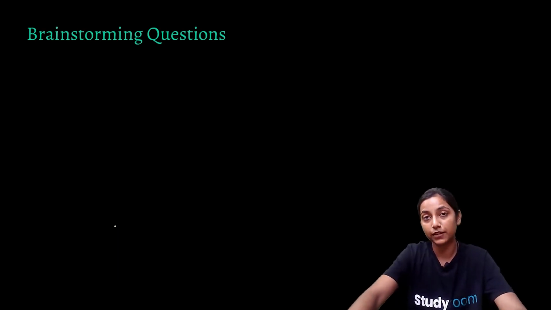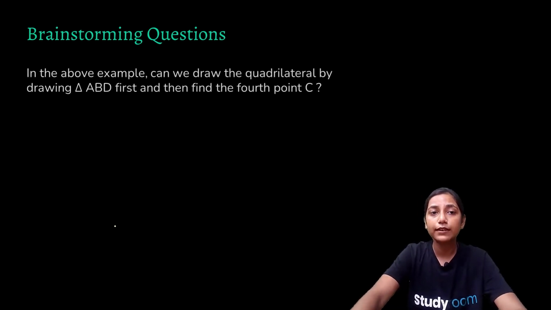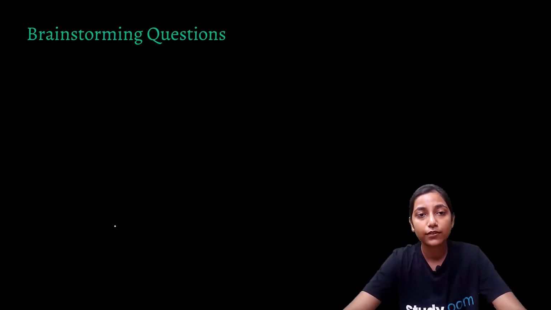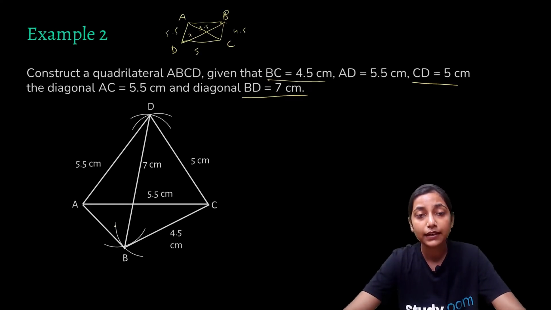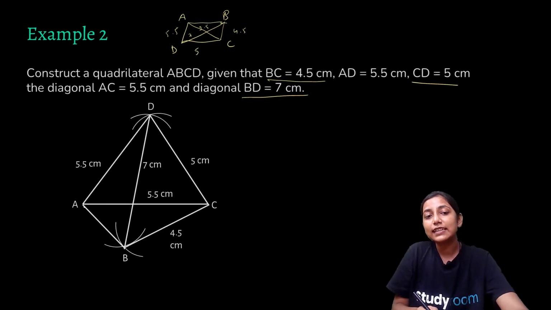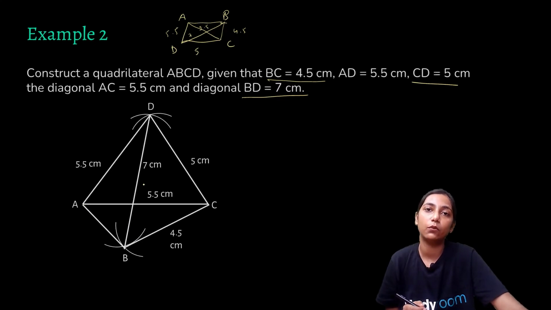We have one more brainstorming question. In the above example, can we draw the quadrilateral by drawing triangle ABD first and then find the fourth point C? So you can see that for ABD to be constructed, we are not given the required measurements.